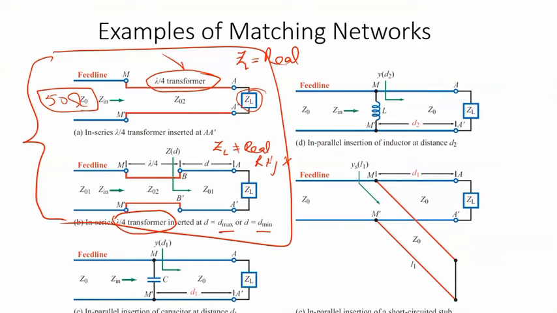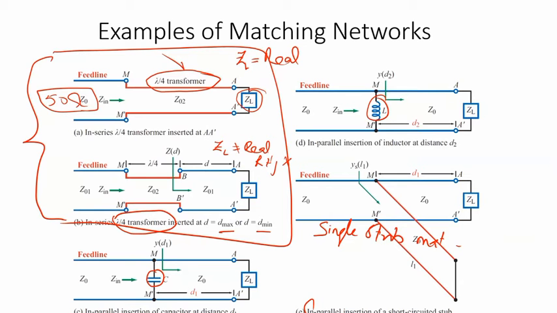And then there is another method as well, in which we can insert capacitance or inductance in parallel with the load to achieve the impedance matching. And there is also another method that is called single stub matching, which is shown over here.